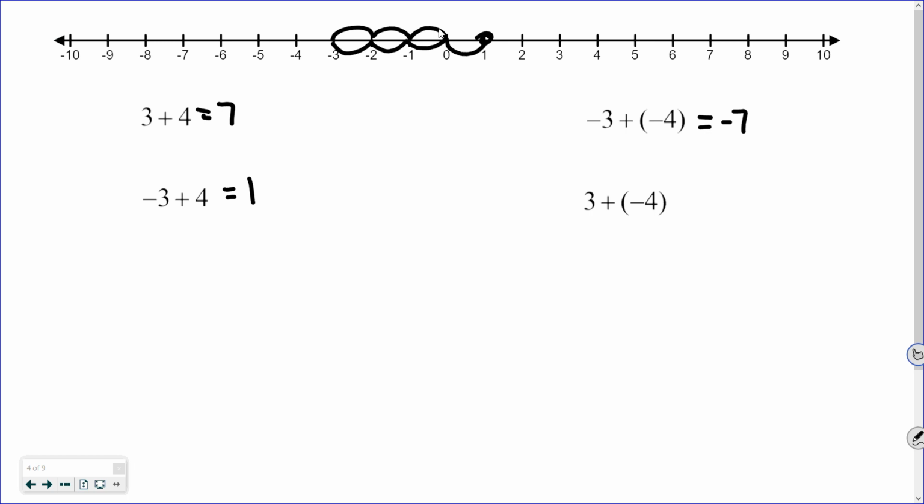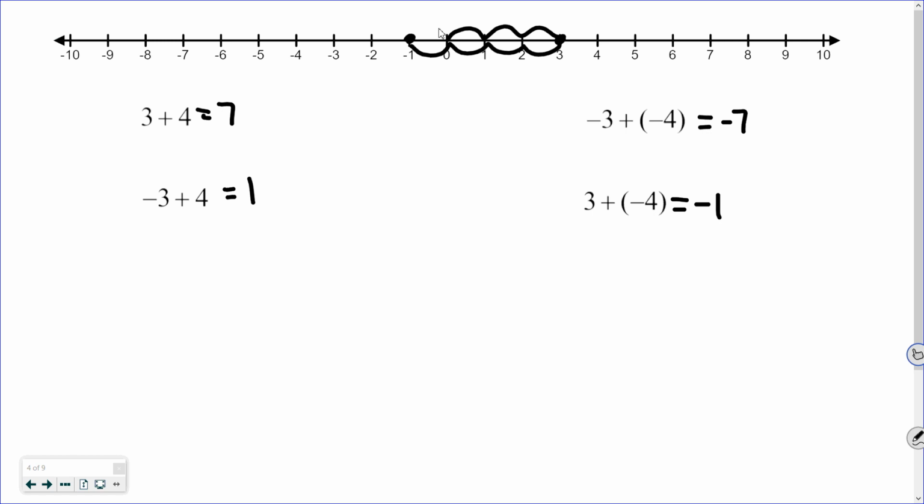I want to point out this one, 3 plus negative 4. What happens here? I start at a positive 3, 1, 2, 3. Then I'm adding negative 4. That's going to move me back 4 to the left. 1, 2, 3, 4. It's going to put me at negative 1.